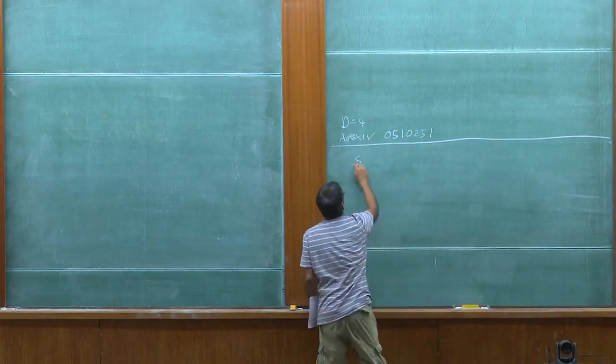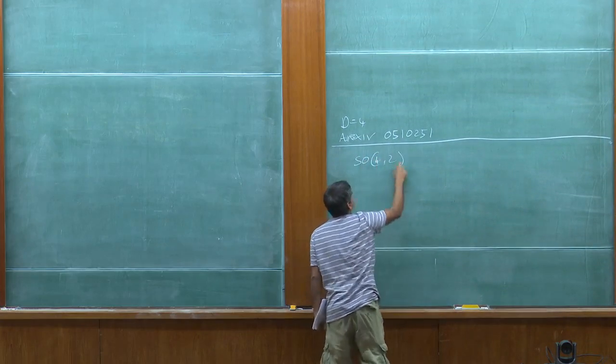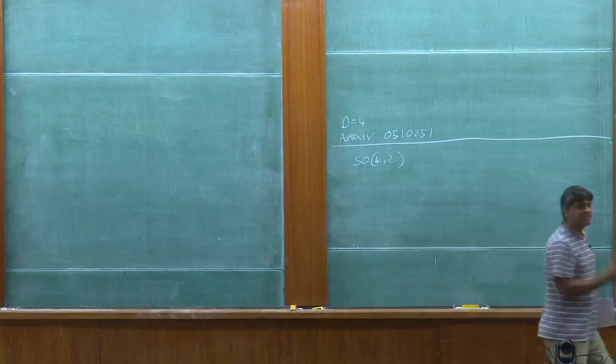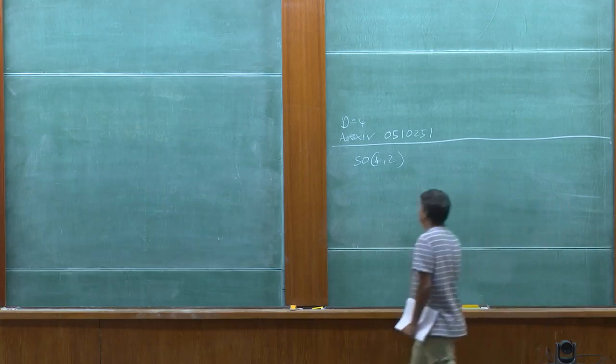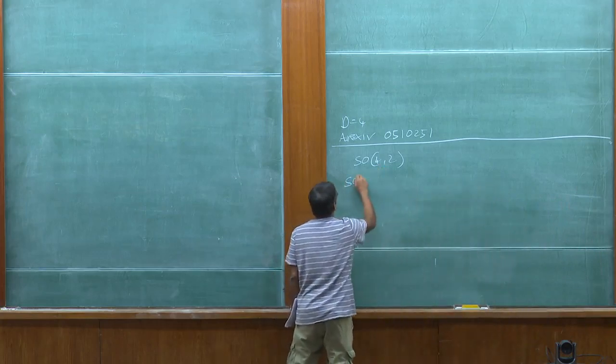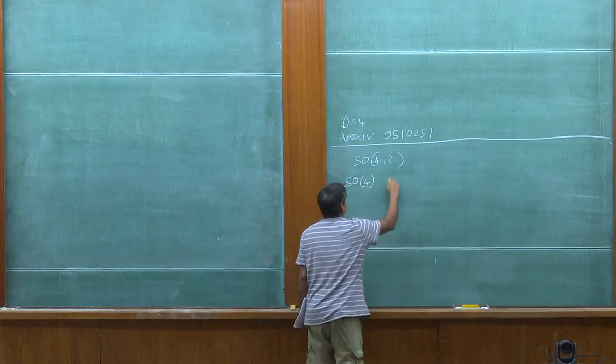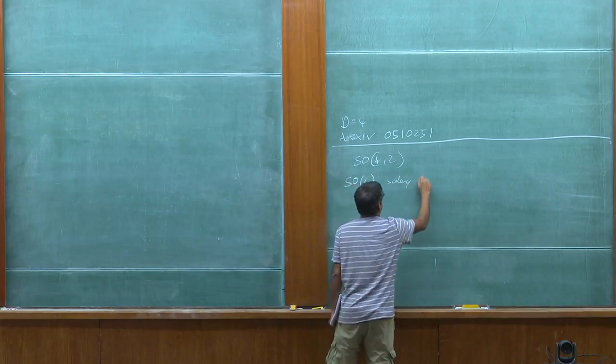Consider SO(4,2), the 4-dimensional conformal algebra. As we have explained, representations of the conformal algebra are labeled by a representation of SO(4) and a scaling dimension.